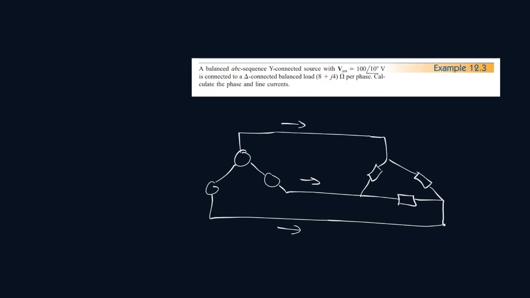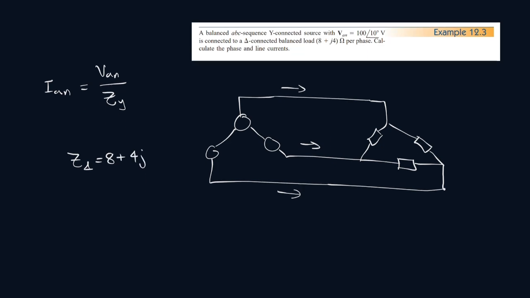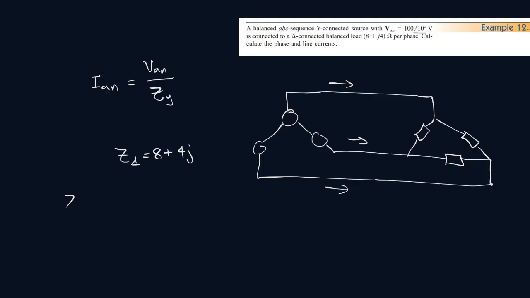So recall line currents, IAN, IBN. Let's just stick with IAN. It's equal to VAN all over ZY. Right now we have Z delta, which is 8 plus 4j. To convert it to ZY, it's equal to Z delta all over 3.